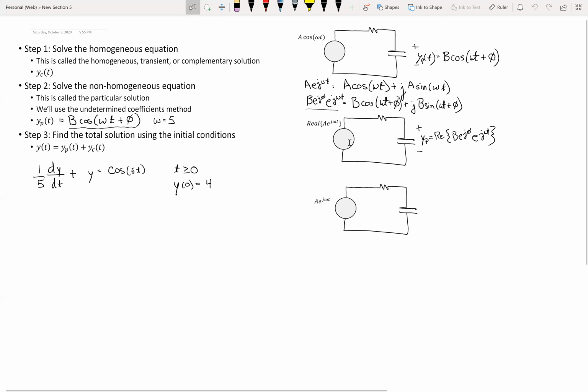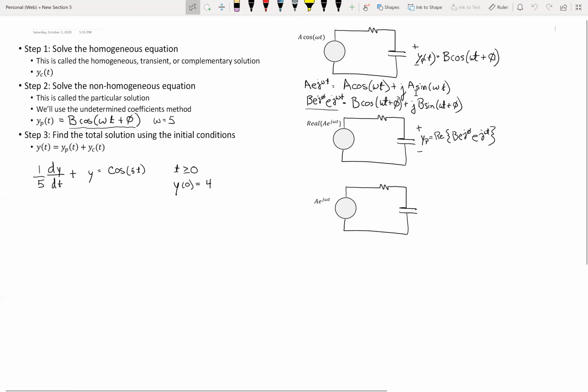That means that my output, by the same argument, which I know is going to be b cosine(omega t plus phi), and we're going to look at that in a real example at the end of the video, I know this is going to be the case. So I could just assume that the steady state answer is also the real part of b e^(j phi) e^(j omega t). And again, you can look at Euler's identity to see that that makes sense.